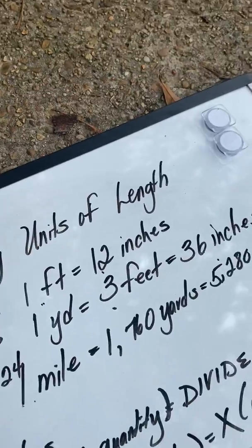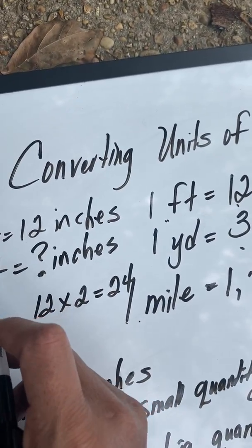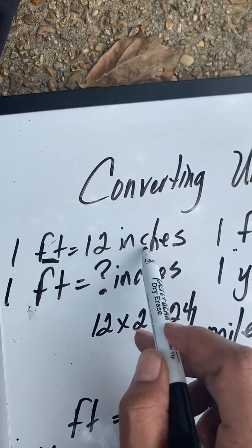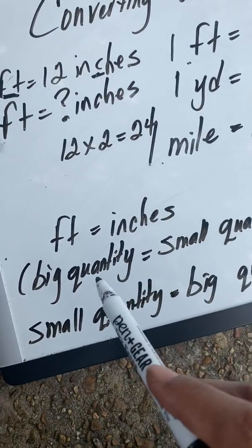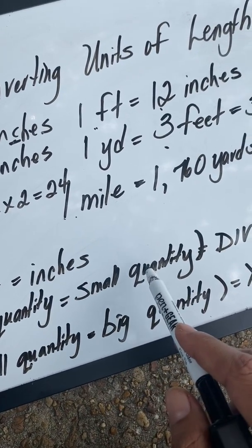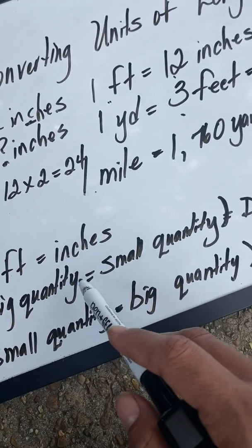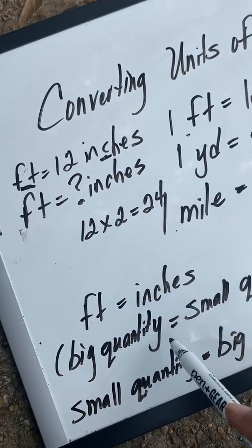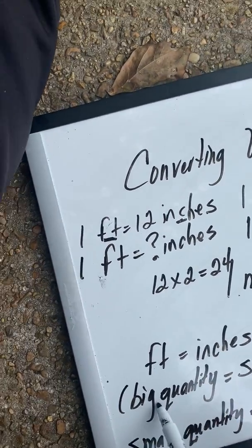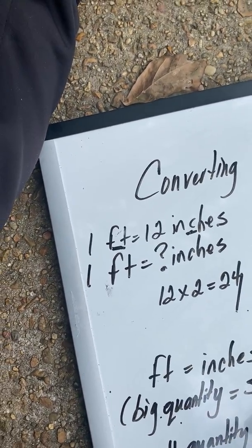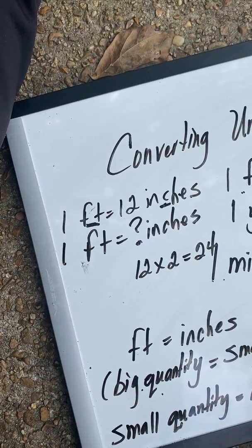So we went from a big unit to a small unit. And when we go from big to small, I'm sorry, guys. A big unit to a small unit, you have to divide.